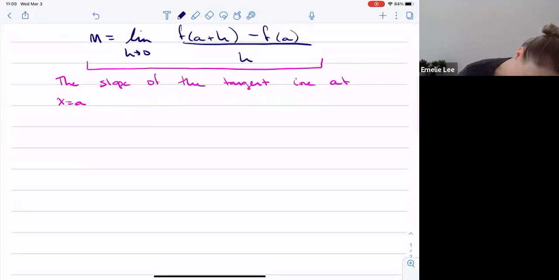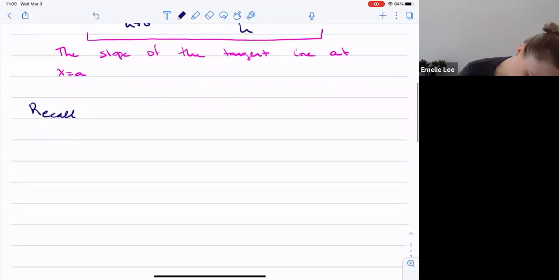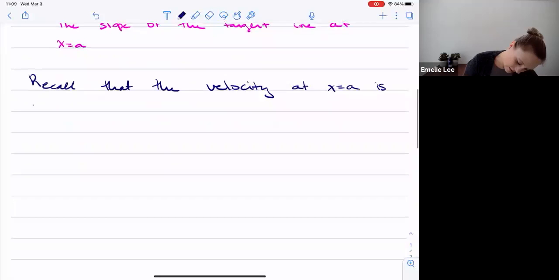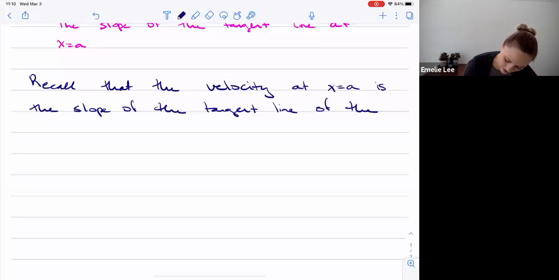So recall that the velocity at x equals a is the slope of the tangent line of the distance function at a.